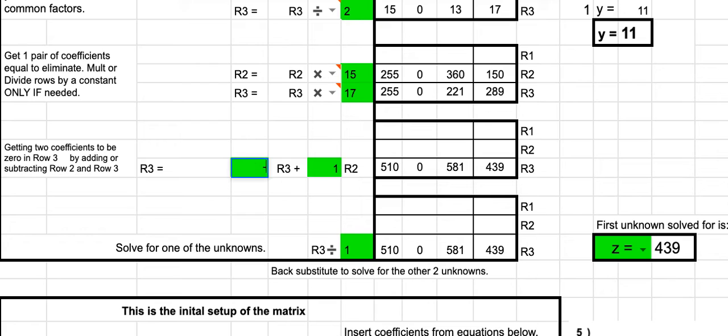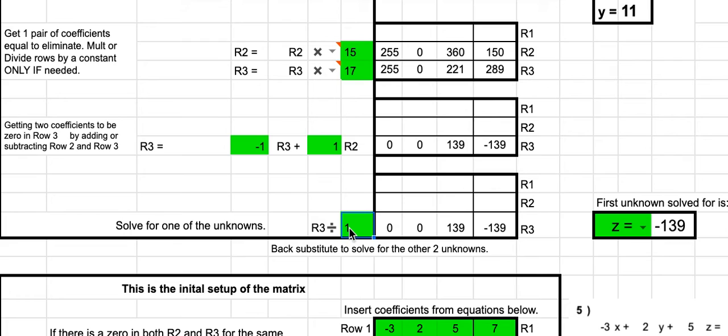So that's going to be negative 1 of row 3 plus row 2. And I have 0x, 0y plus 139z is negative 139. So I need to divide that row by negative 139. And I will now have, oh, whoops, 139, my apologies.